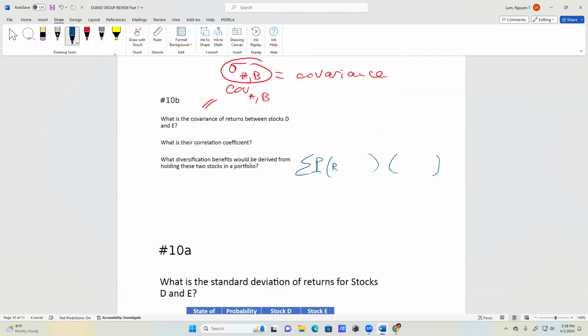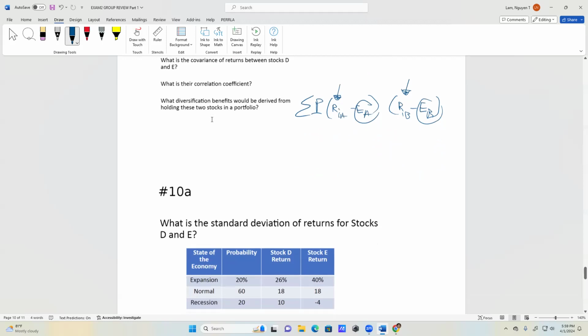Then this one is Ri of stock A minus the expected return of A, and then Ri of stock B minus the expected return of B. This one you already have. It's only that this one is a new thing, and I will show you why it's not that new.